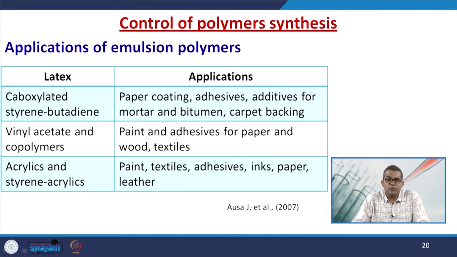Vinyl acetate and copolymer, like paint, adhesive, a very common application of this vinyl acetate copolymer in paint and adhesive for paper, wood and textile. There are certain acrylics and styrene acrylics like paint, textile adhesives, sometimes ink, paper, leather, etc.